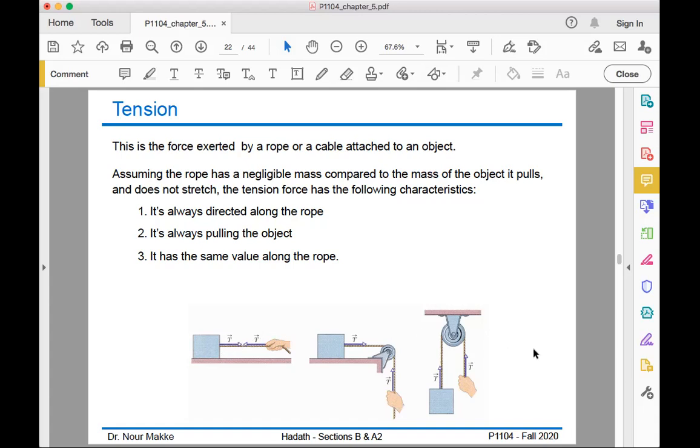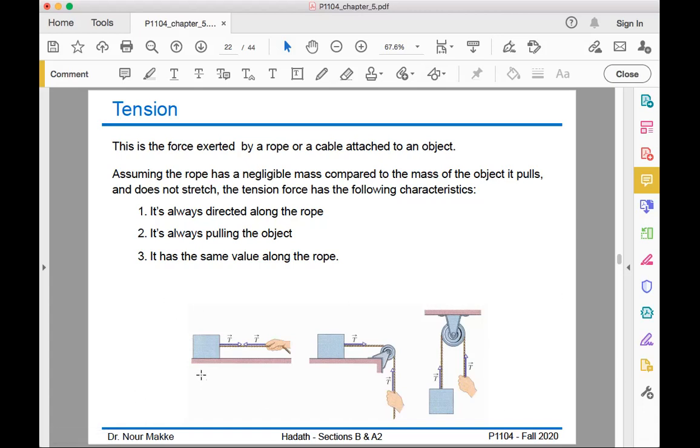So if we assume that the rope has negligible mass, which is the case all the time in our problems, compared to the mass of the object it pulls, and if it does not stretch, so it's inelastic or inextensible, then the tension force has the following characteristics. It's always directed along the rope, as you can see in all the examples here.